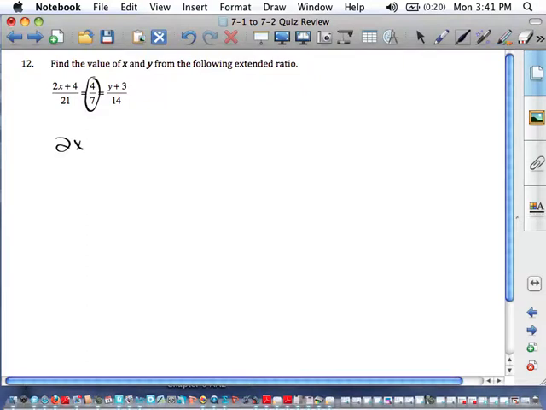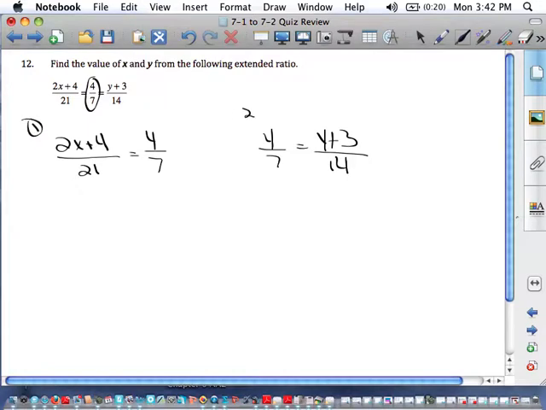So when I have (2x plus 4) over 21 equals 4/7, the only variable I'm looking at there is x. The next one will be 4/7 is equal to (y plus 3) over 14. So in the second one, the only variable I'm looking at is y.